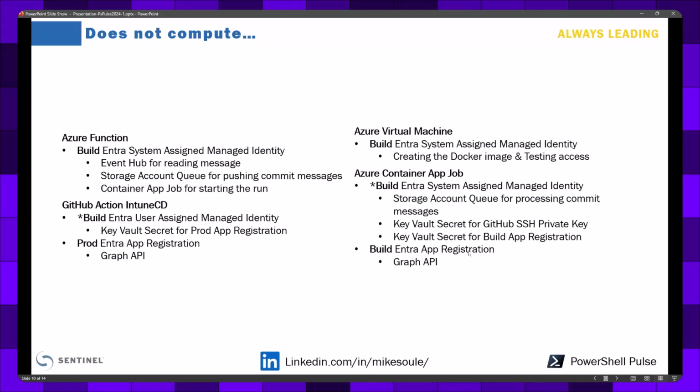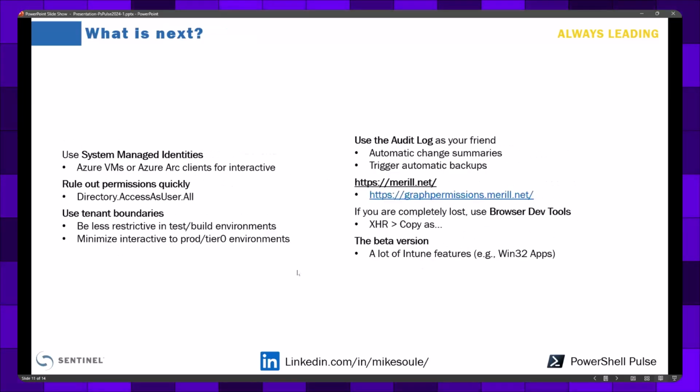And then the Entra app registration so that InTune CD can talk to the build environment is used there too. So a few components all working together to make a nice concert of, hey, I made a change and in the background, my backups happened, my documentation happened, and I've got a change request.